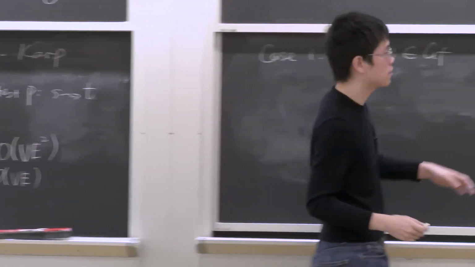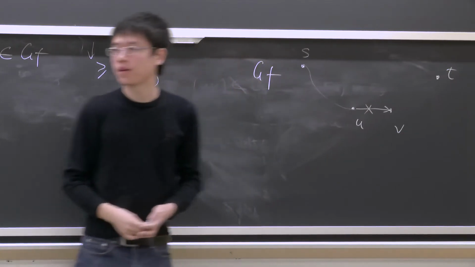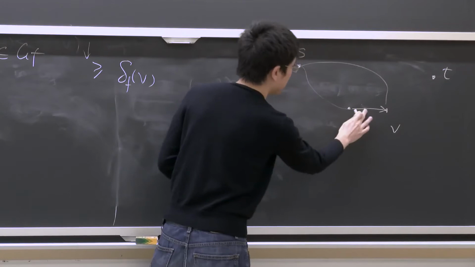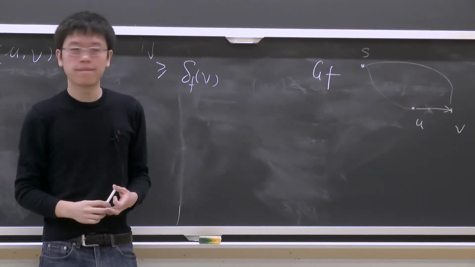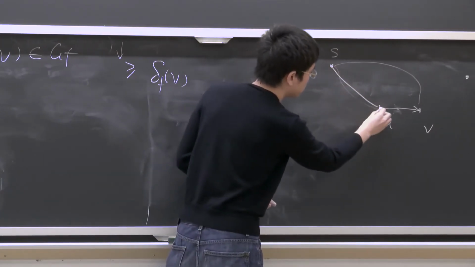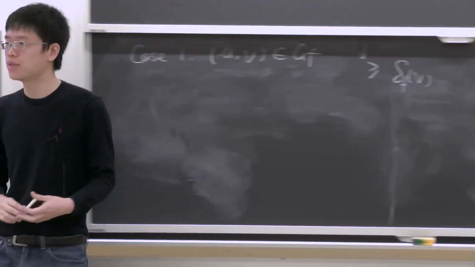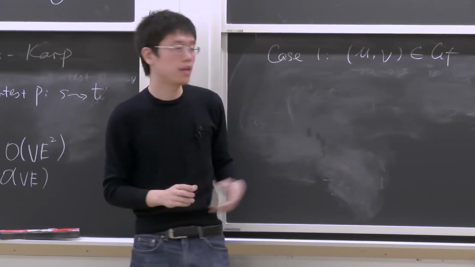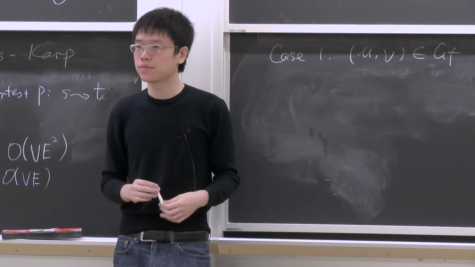So the shortest path in this graph to v is not necessarily this one, right? But in case 1, I'm assuming this edge exists. Then no matter what the shortest path is, it's definitely shorter than if I first go from S to U and then U to V, right? Make sense?